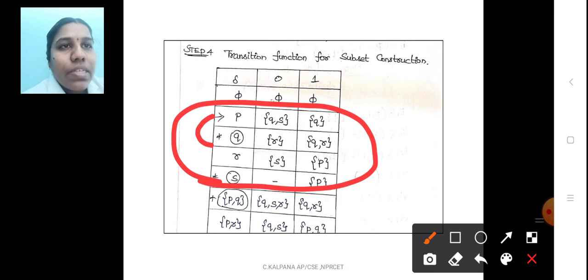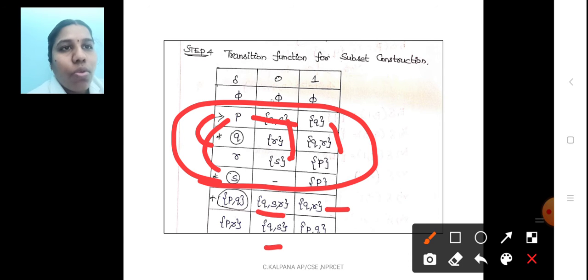PQ. What is the answer for PQ? For the input 0 it means QSR. Then PQ for the input 1 is Q, R. We have the same repeated states, you can mark only one time. That is because Q is repeated 2 times, that is Q and Q, R, you can write only one time. Then PR means QS.